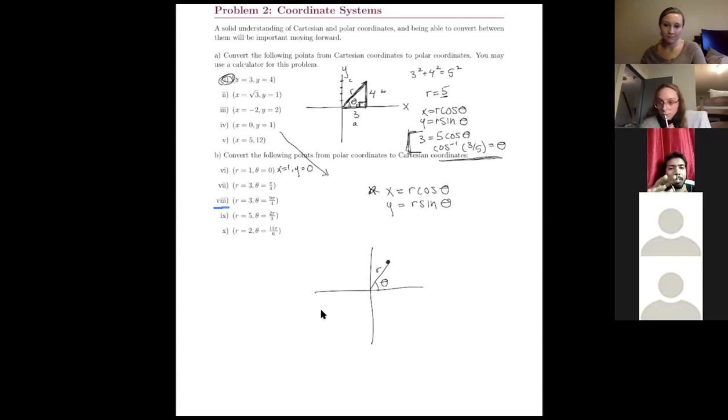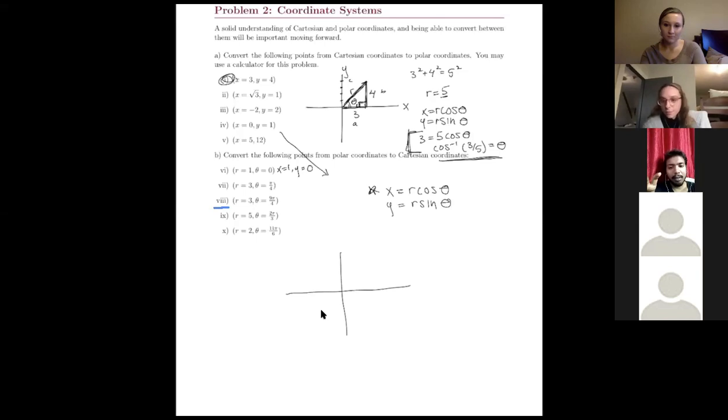And what we have to do in question B is convert the following from polar coordinates to Cartesian. How do we do that? It's the same thing, in the opposite direction. You use these same two formulas, except now you have r and theta instead, and we have to find x and y.